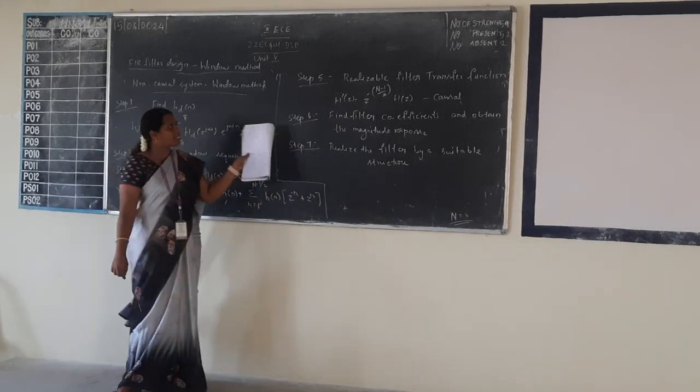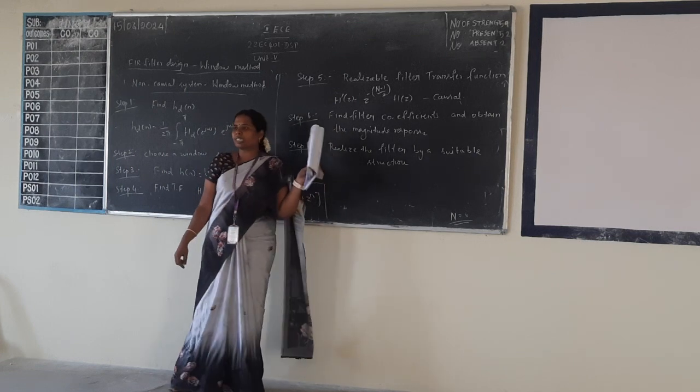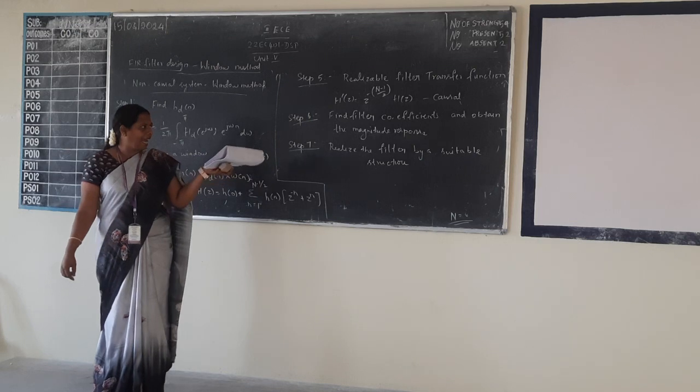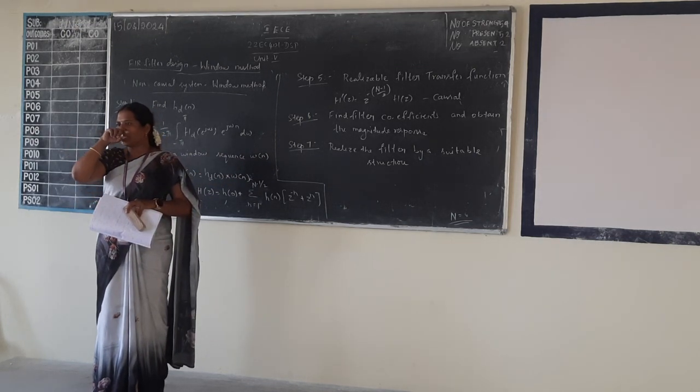In the sixth step, we are going to get the filter coefficients, h of 0, 1, 2, 3, 4, 5, 6, 7, likewise. And we are going to plot that in a graph, the magnitude response.